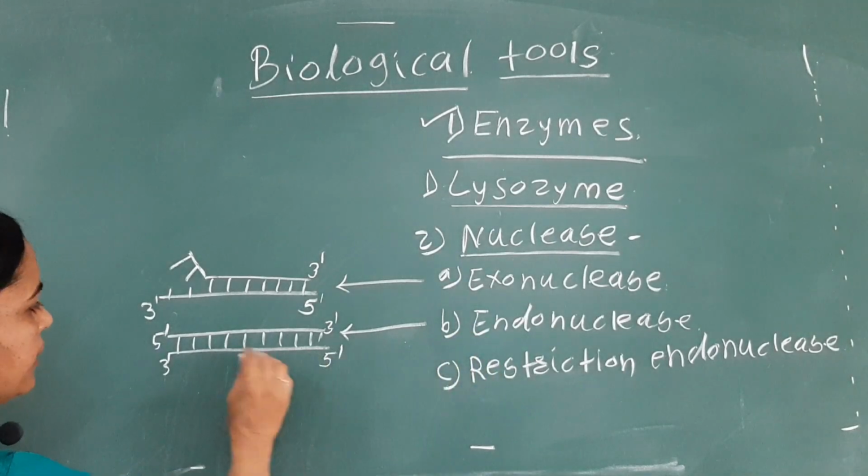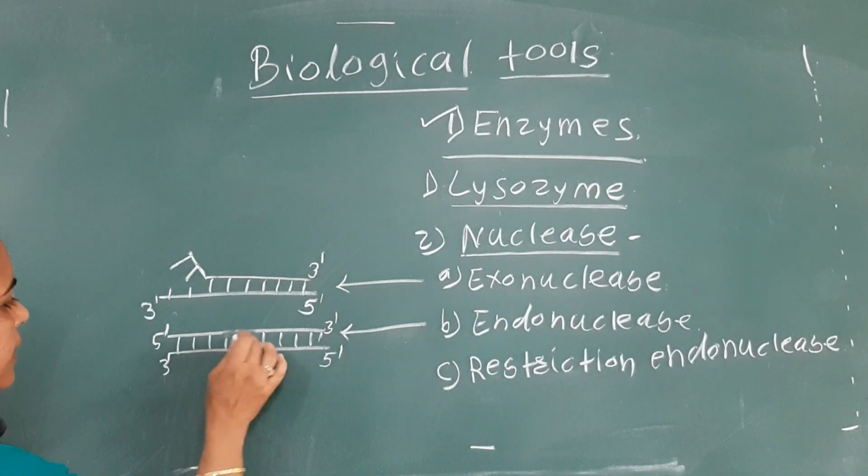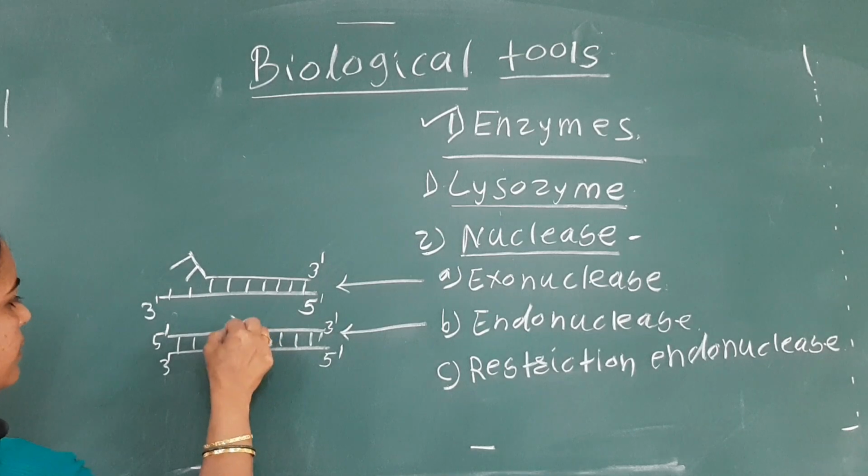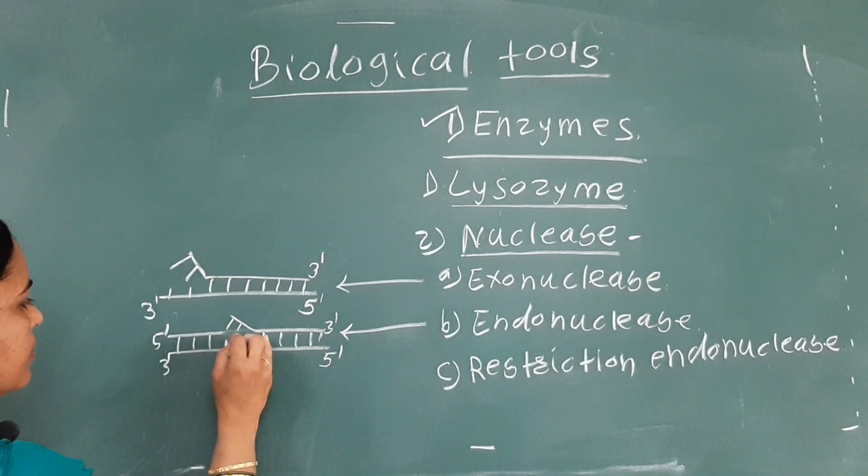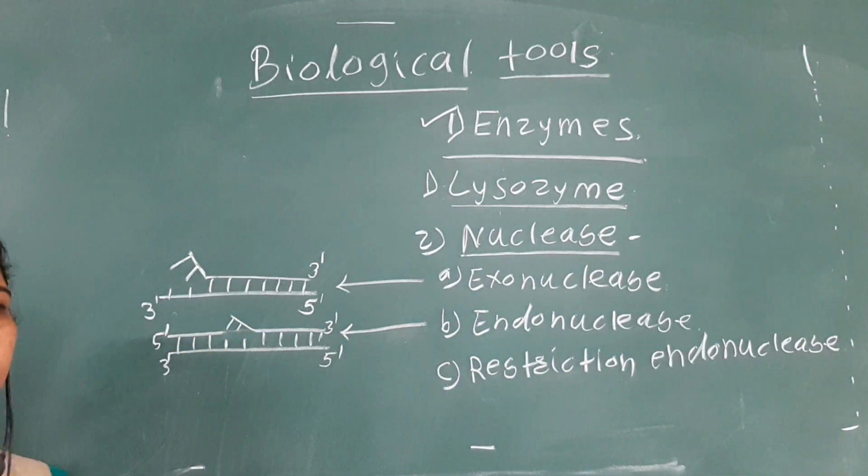The endonuclease enzyme mainly cuts the DNA molecule from the middle portion, that is, it cuts at any point except the ends.